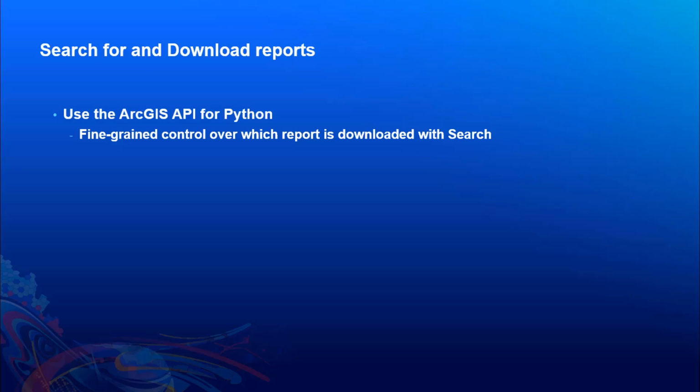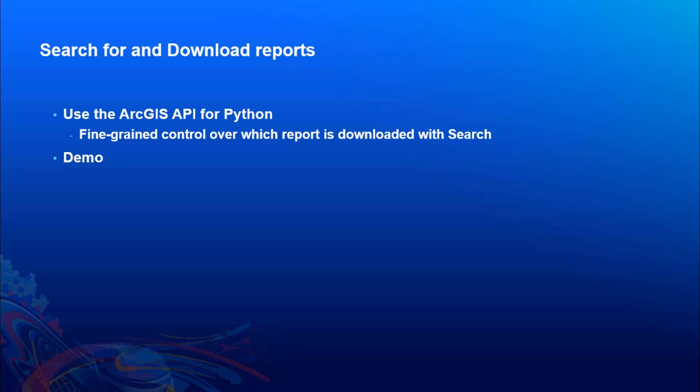You can specify a query for the type of report that you want to find. You can look at the report that was most recently modified or the oldest report. There's a lot of flexibility there, and the search method in the ArcGIS API for Python is very well documented. I highly recommend looking at all those different parameters so you can tailor searching for those reports exactly for what you need to do.